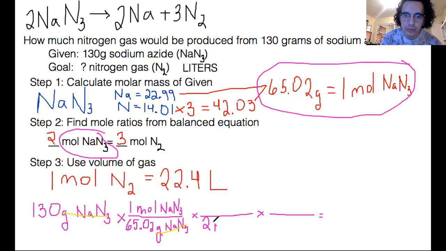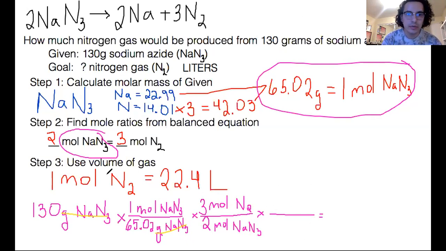So it'll be 2 moles NaN3 will produce 3 moles of N2. Oh, that's a cute 2. And now we're going to move on to the third one.